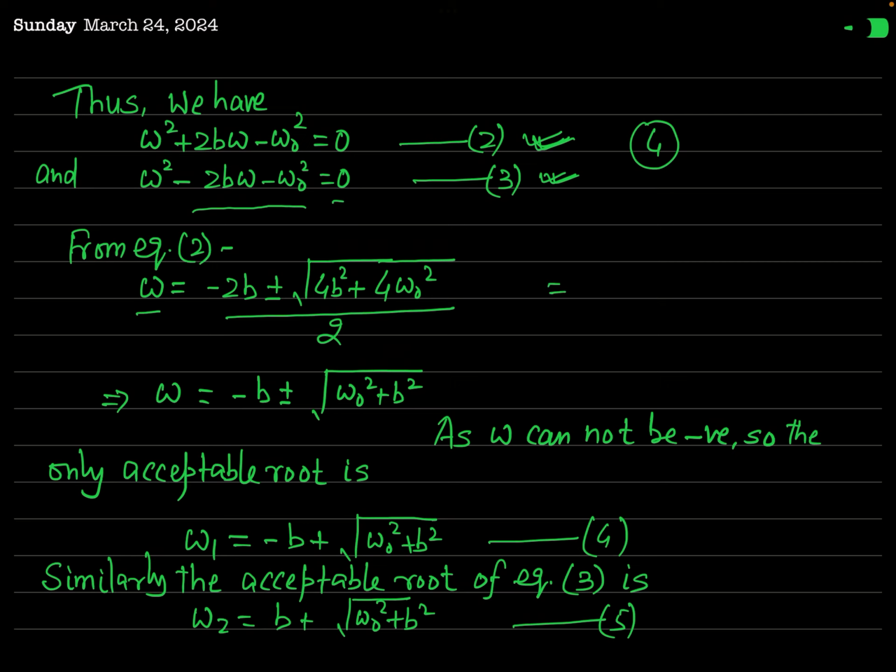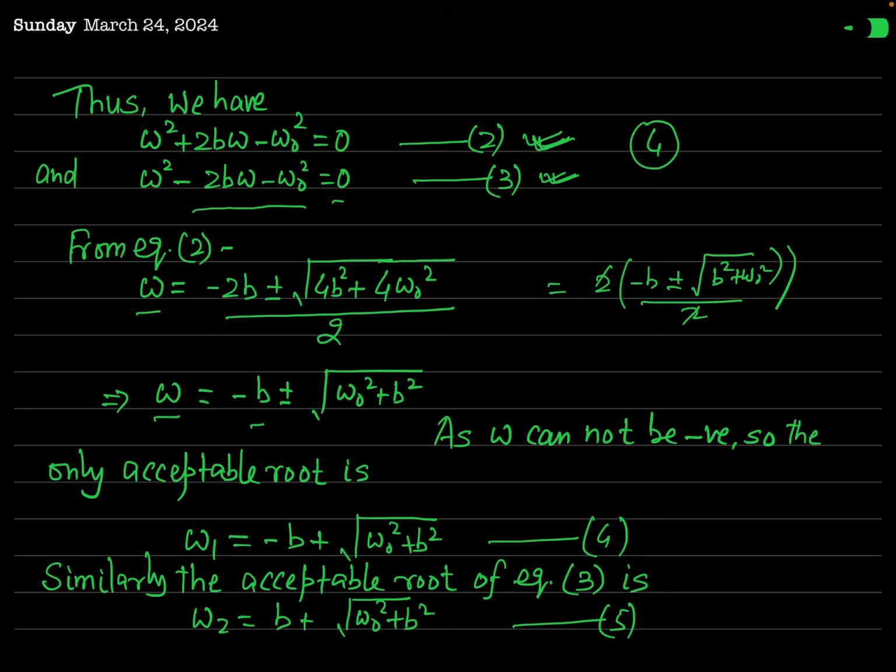Now in this equation you can take 2 as a common factor. When you take 2 as a common factor, there will be minus b plus minus root over b square plus omega naught square, divided by 2. Okay. So this 2 and this 2 will cancel out, and you have omega equal to minus b plus minus root over omega naught square plus b square.